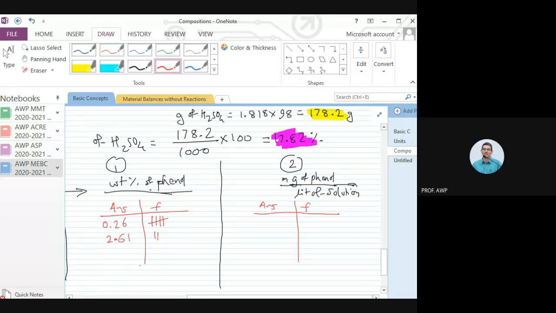Answer of second one, sir. Oh, it is not this answer. It is this answer. Sir, for weight percent of phenol, it is 0.26. Okay. Yes, sir, 0.26. Yeah, that seems to be very popular.